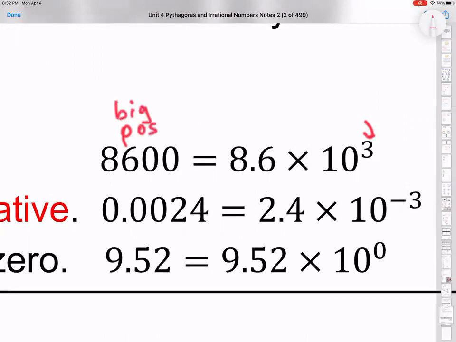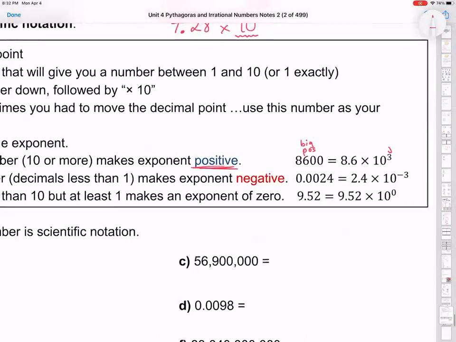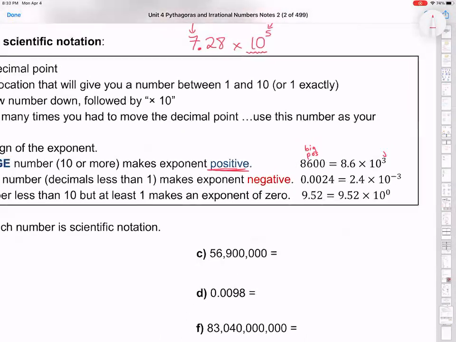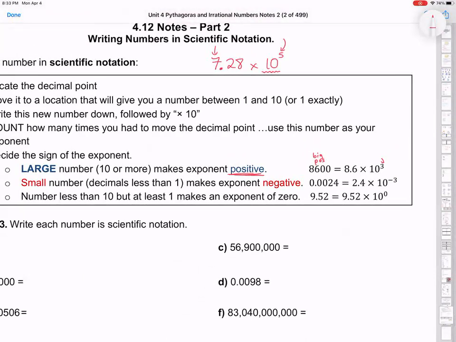So that's why we're going to make our exponent positive. Whereas if you have a really, really small number, something smaller than 1, those are going to have negative exponents.